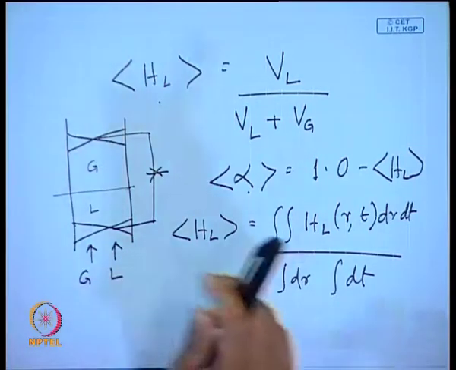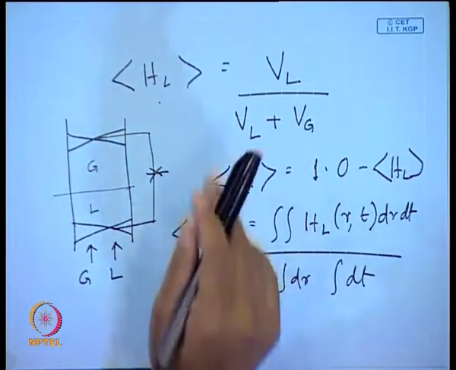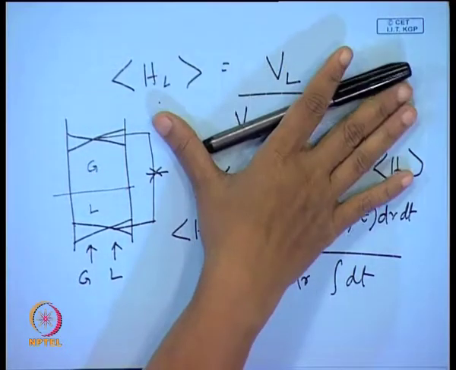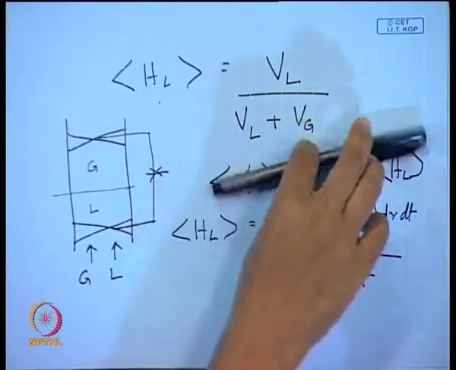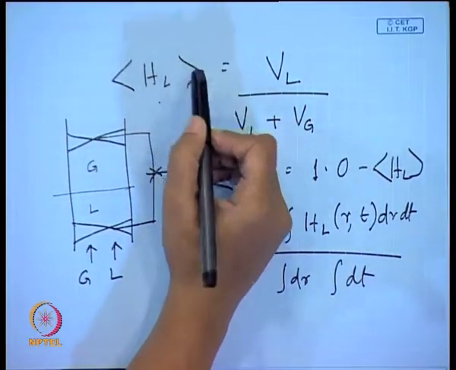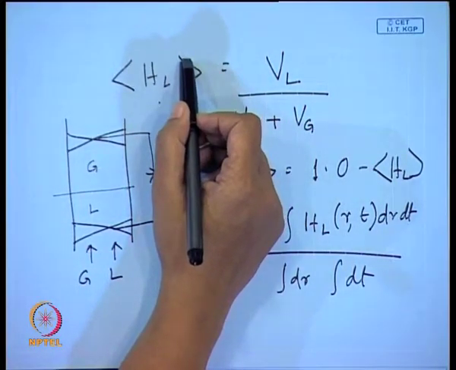Okay. Now, remember one thing, that we have measured this alpha, this HL, as the volume fraction of the total volume which is occupied by the liquid phase, or in other words we specify the in situ composition in terms of the volume fraction.